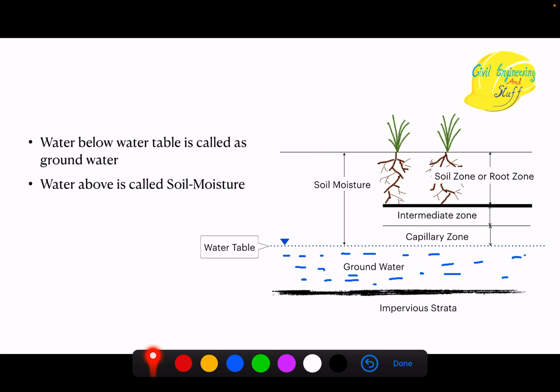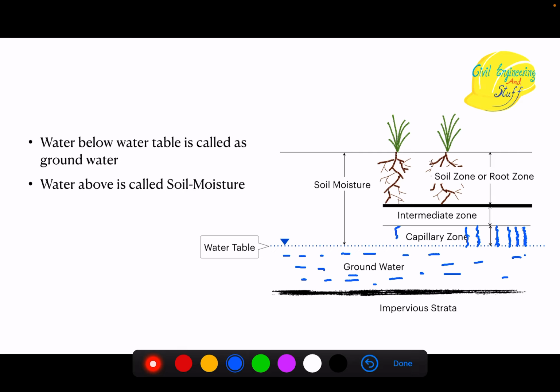Now, above the groundwater table, there will be a certain rise in water because of the capillary action. Because of the capillary action, the water will rise.